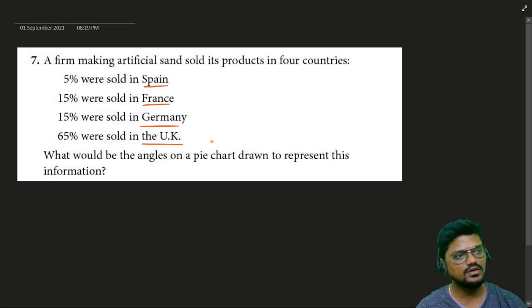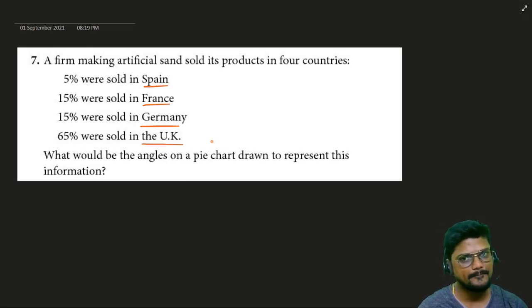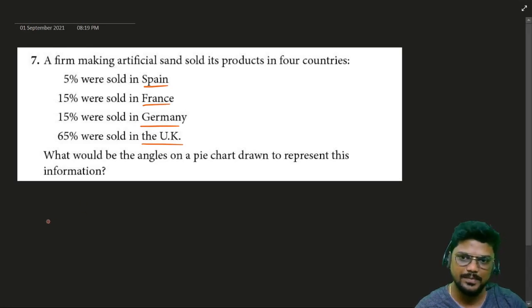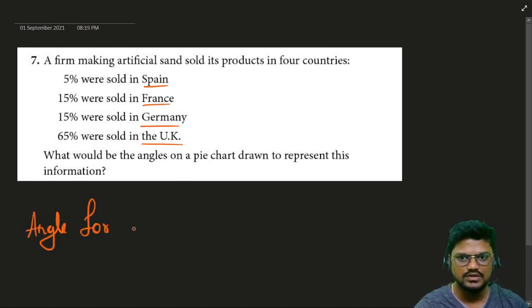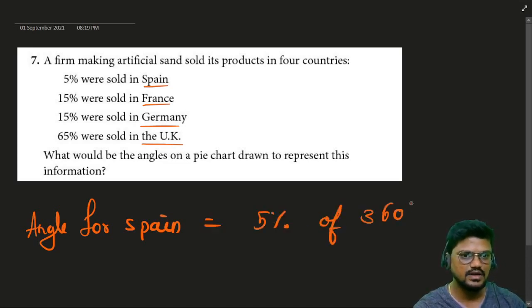So 5% we take it as 5 degree, right? No, no, I divide by 100 times 360. Angle for Spain will be 5% of 360 degree.